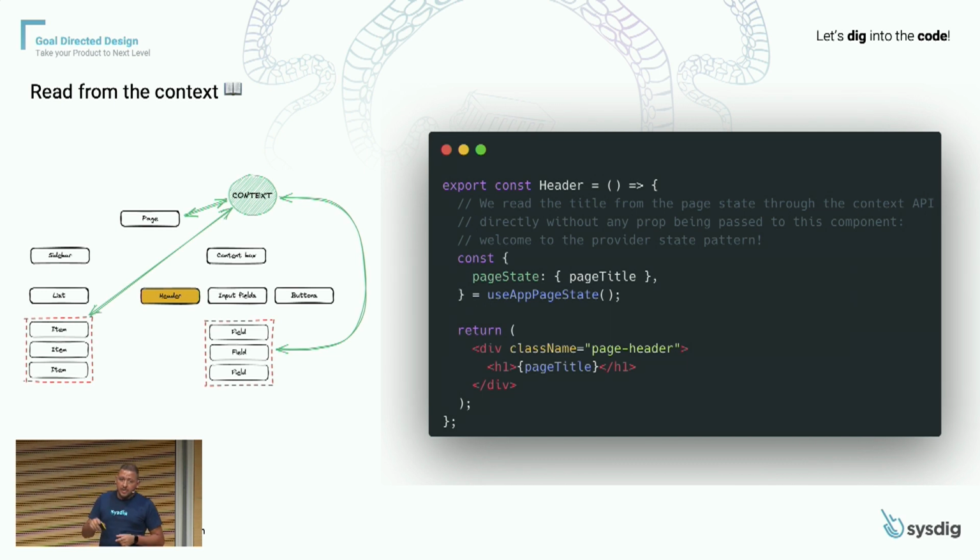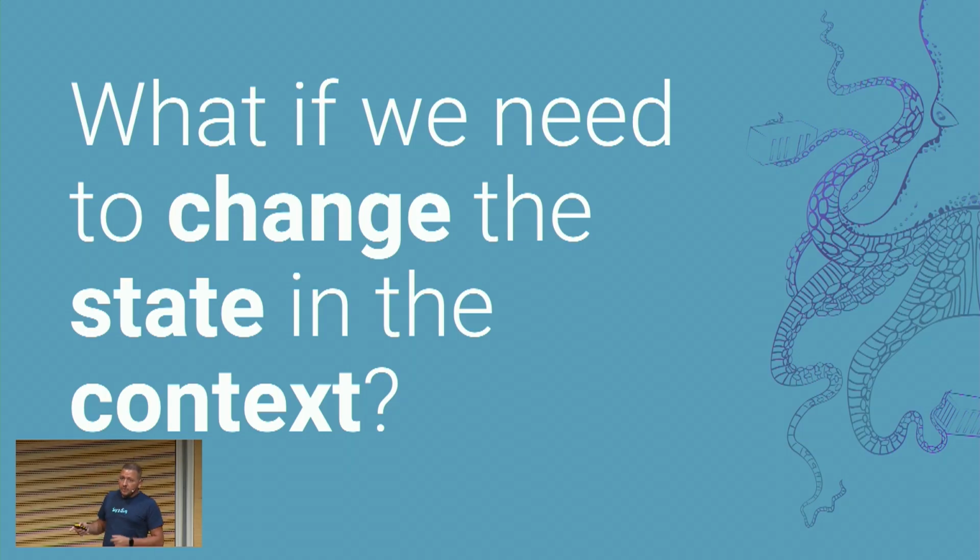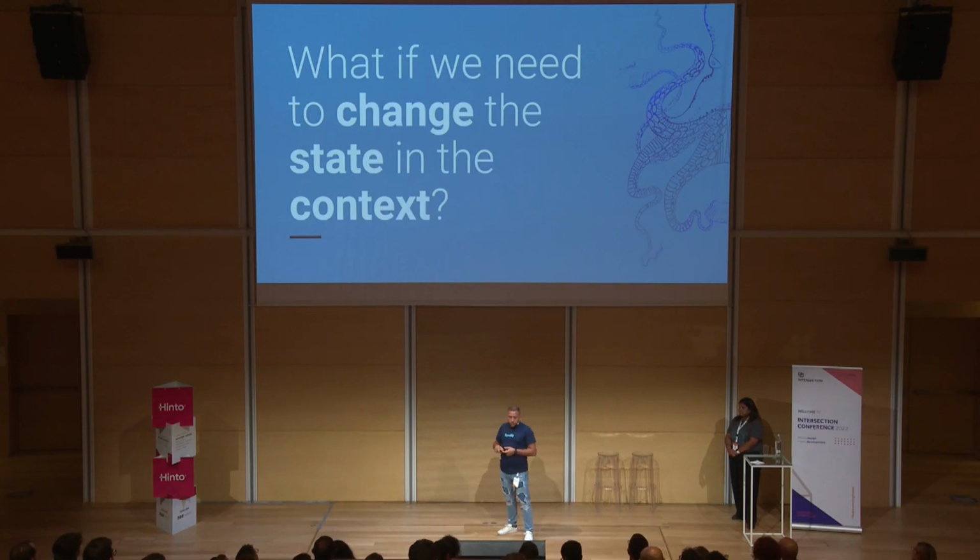Just that. You see that the header doesn't accept any prop at all. We just use the header, it accesses the context, and the context returns the title that we want to display. But what if, instead of just reading, we would like to also write inside the context? So we want to update the information. For instance, we want to change the title after some action.